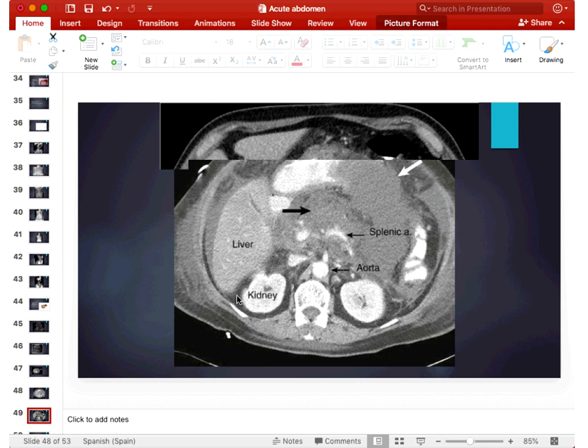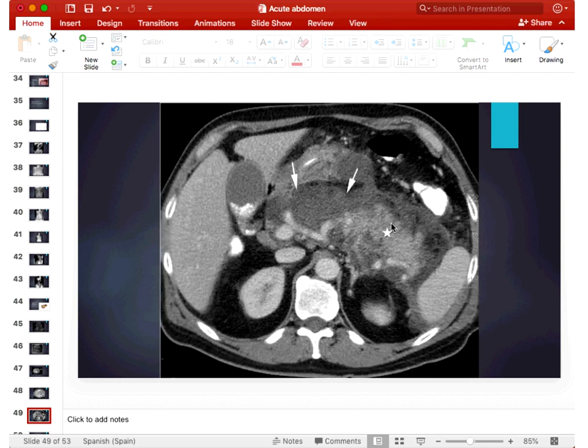Another picture where you can see the head of the pancreas and the tail. Look at these, the fatty area of the pancreas is dirty, and it looks smashed. So this is a very, very serious pancreatitis.